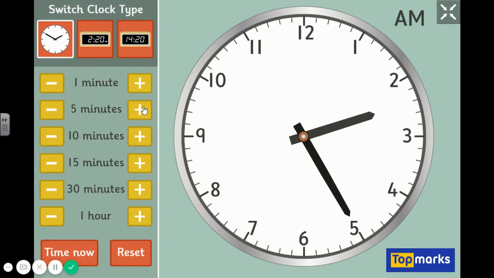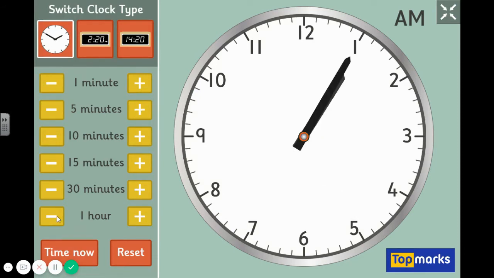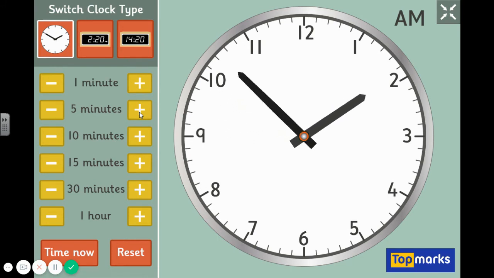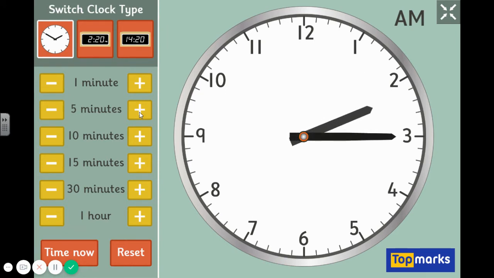Another way of doing it is I can count to 80 minutes on there. So let's count on there. So 5, 10, 15, 20, 25, 30, 35, 40, 45, 50, 55, 60, 65, 70, 75, 80.